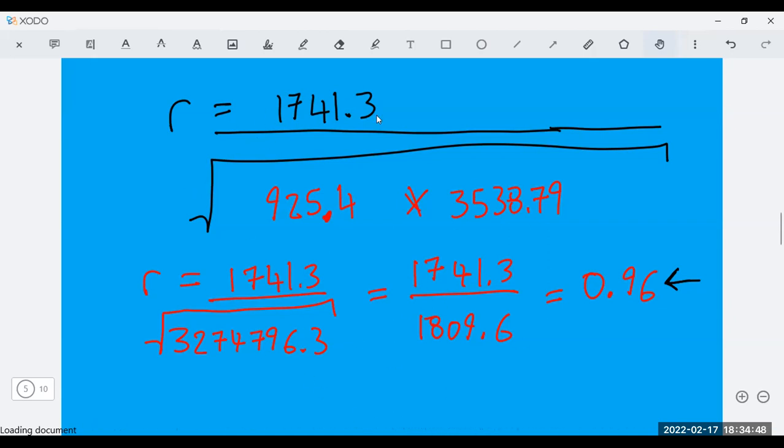Let me see. This one considers the amount of values. Very good. That too, that too.